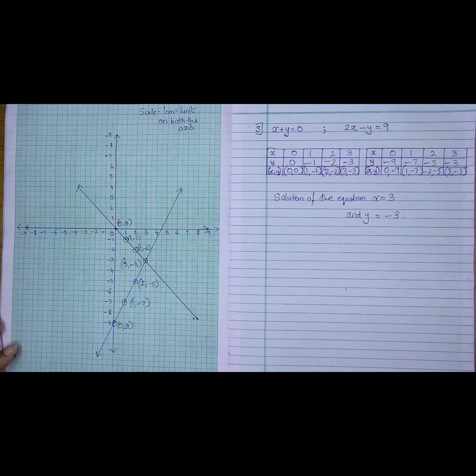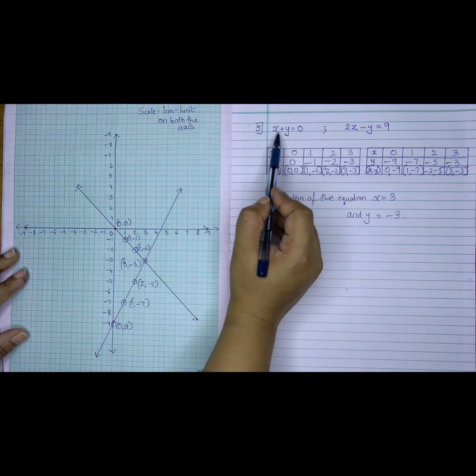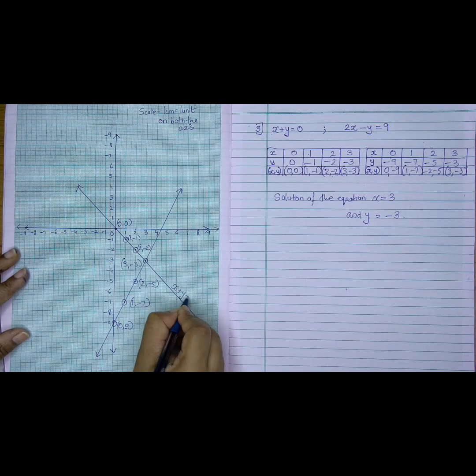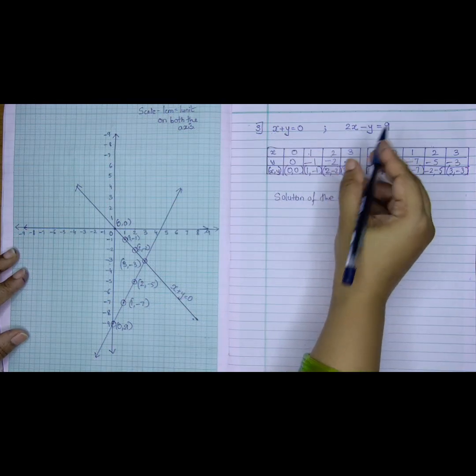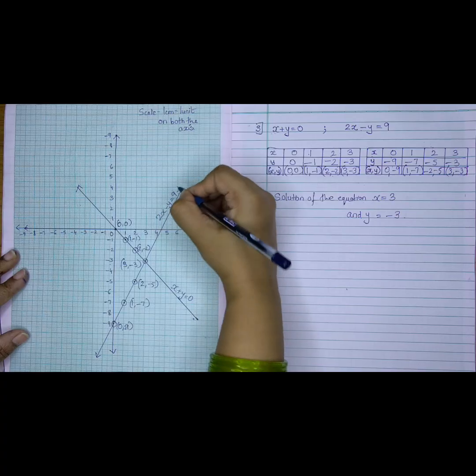Understood? And also write the equation of the line. This line will be x plus y is equal to 0 and this line will be 2x minus y is equal to 9.